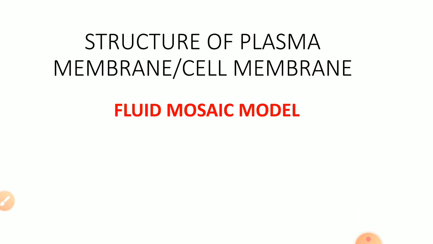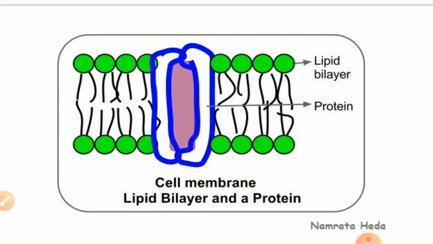So there is a need to understand the structure of the plasma membrane to understand the topic of transport of molecules across the membrane. We are going to take a look at the mostly accepted model of the plasma membrane, that is the fluid mosaic model. So here we'll go with it.